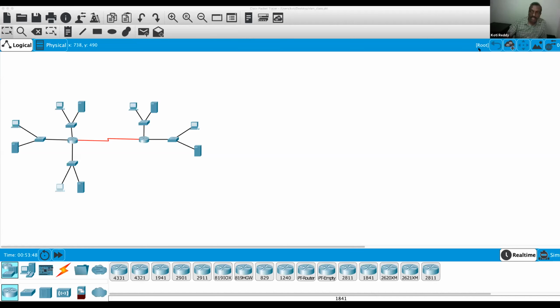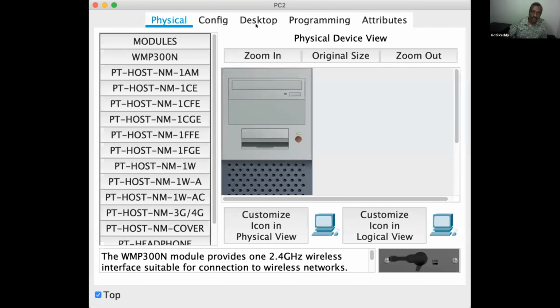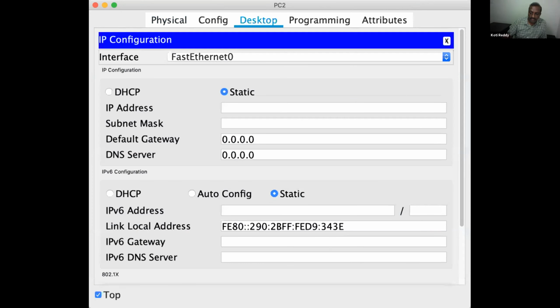Let's do the HOC network now. In the HOC network, I give 192.168.1.200.